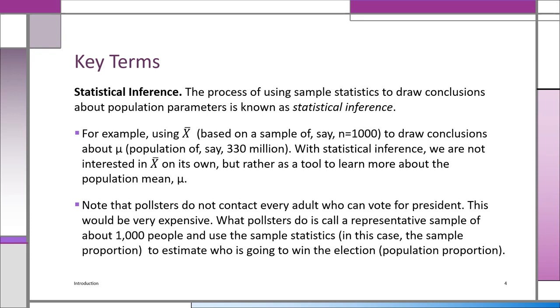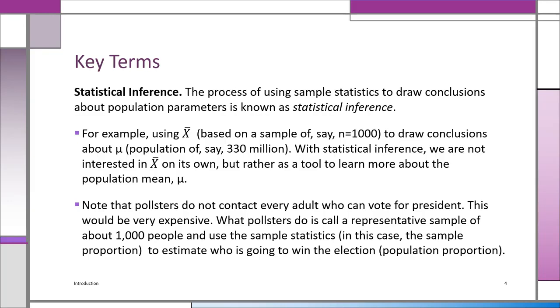Okay, note that pollsters don't bother contacting everybody. It's too costly, except when we took a census, but the pollster doesn't work with a census. The pollster will take a sample of 1,000 or 2,000 people to determine who they will vote for president. So rather than contacting everybody, which would cost a fortune, they take a representative sample of maybe 1,000 people, sometimes more.